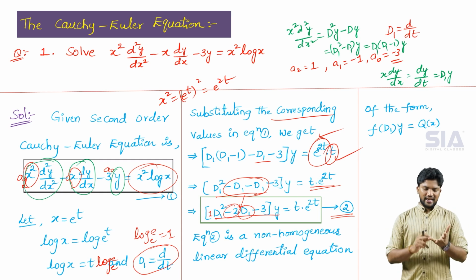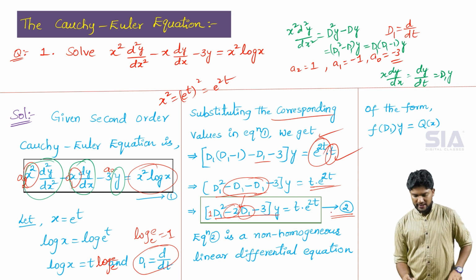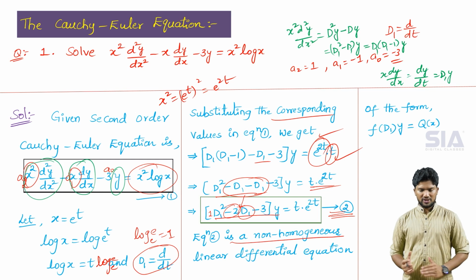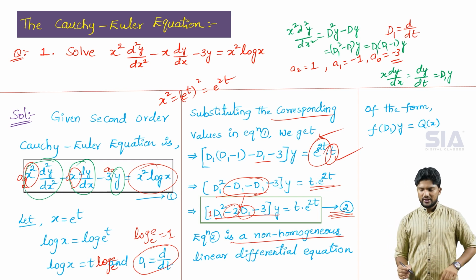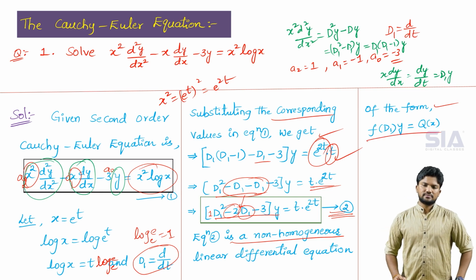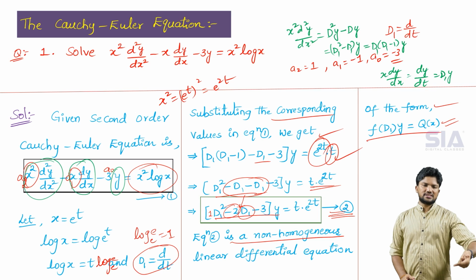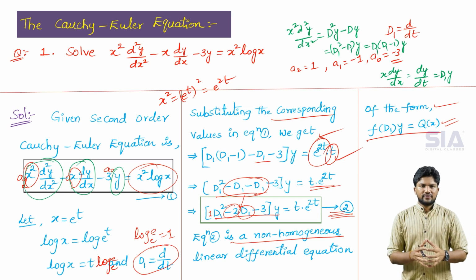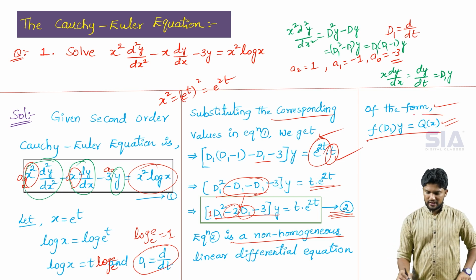So equation number 2 is a non-homogeneous linear differential equation with constant coefficients of the form f of D1 into y is equal to q of x. So the given Cauchy Euler equation we converted into a linear differential equation of order 2 with constant coefficients. That is the general form.